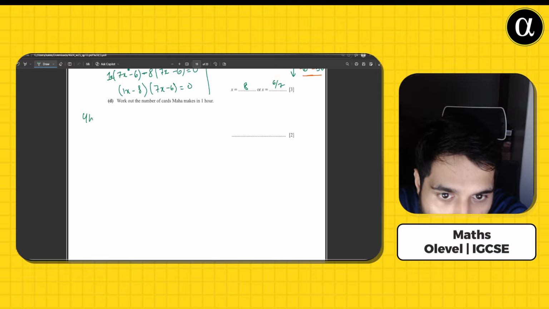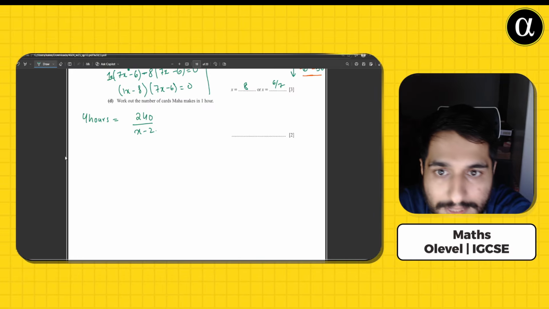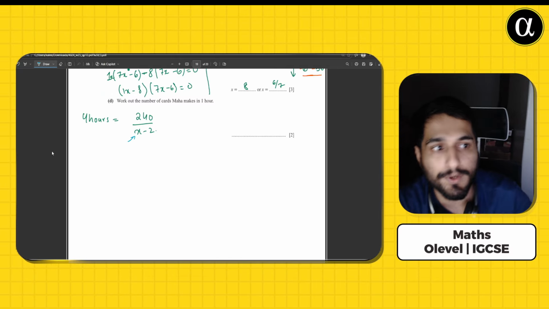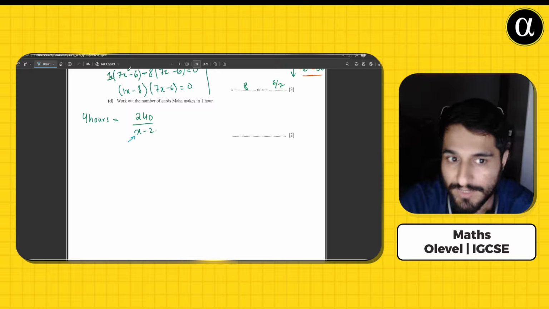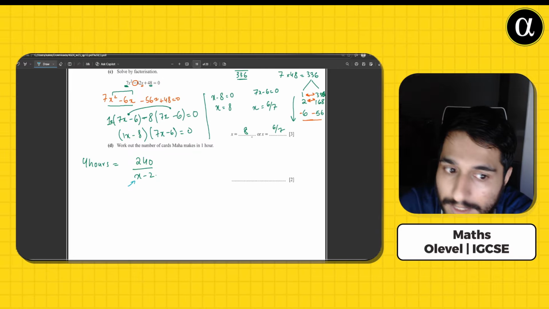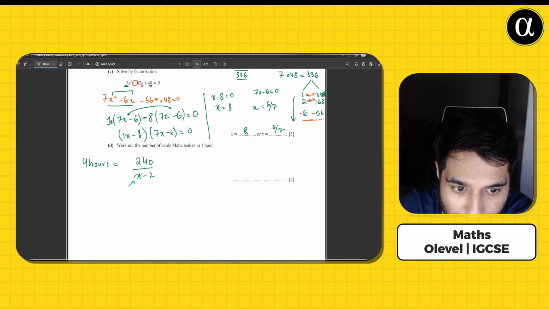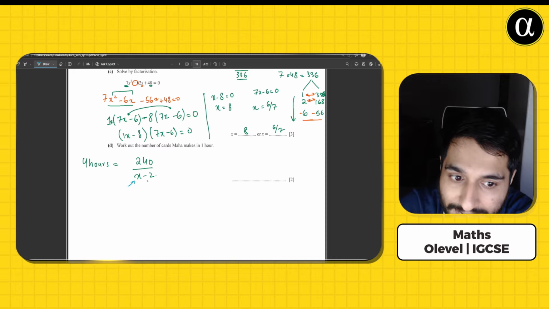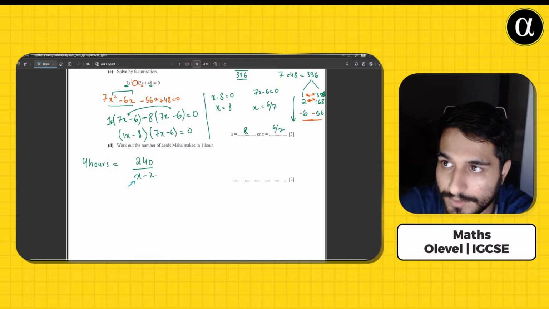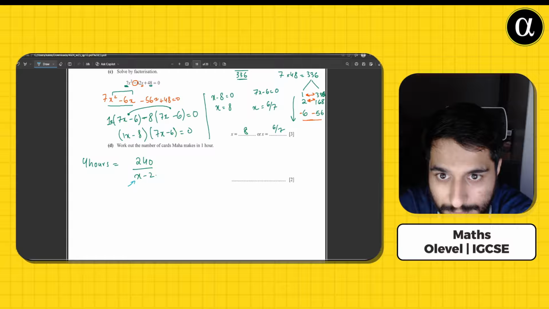If I plug in the value of x, I'm going to get the number of cards for 4 hours. But we have two values of x. Which value am I going to plug in? If I plug in 6 over 7, we get a negative denominator, and the number of cards turns out to be negative as well, which doesn't make sense.